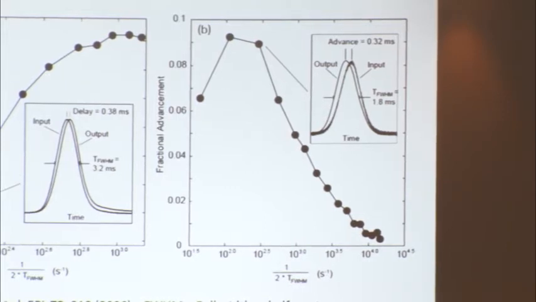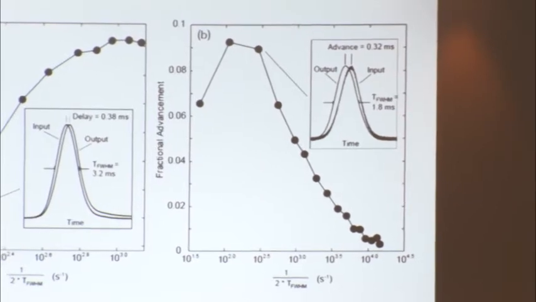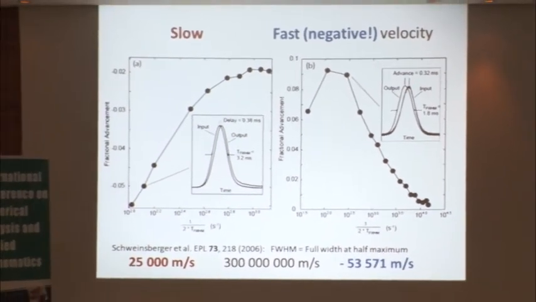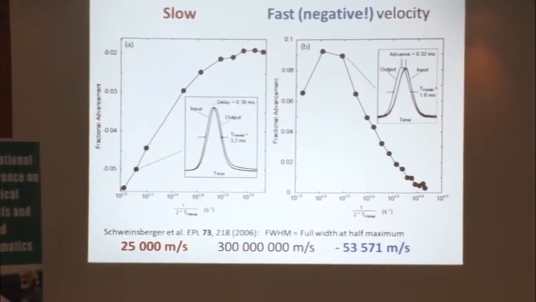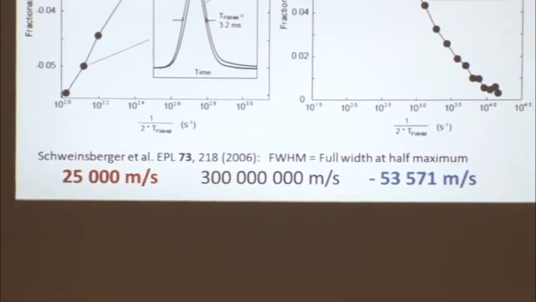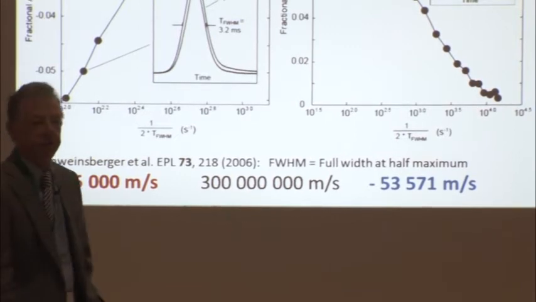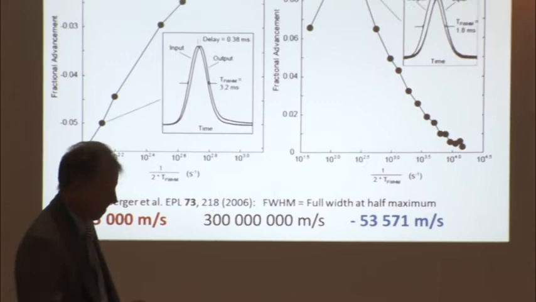And what they have in this experiment here, we see that's the velocity of light in vacuum. They came down here, down to 25,000, and here even to a negative velocity of 3,000 meters per second by this process.